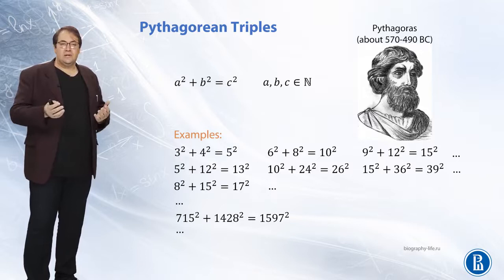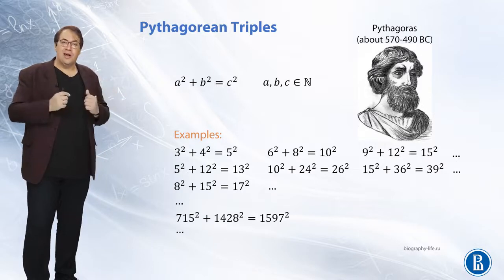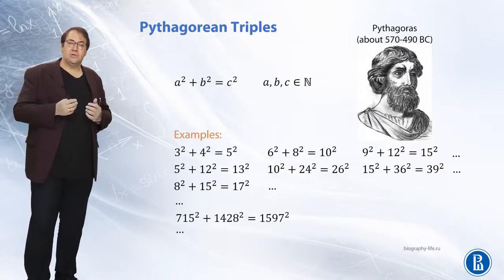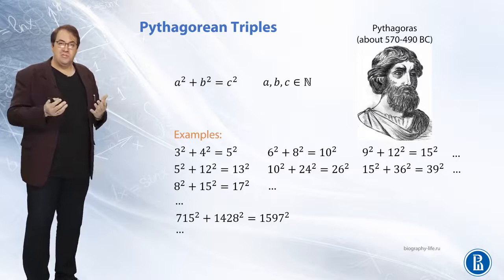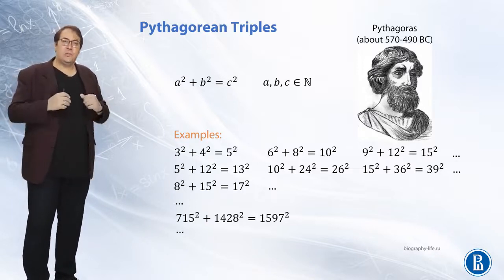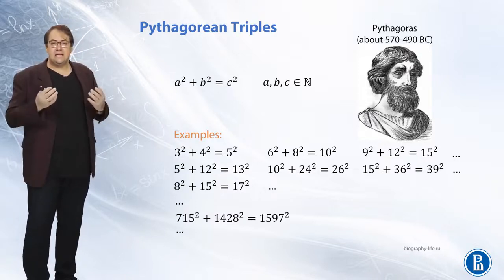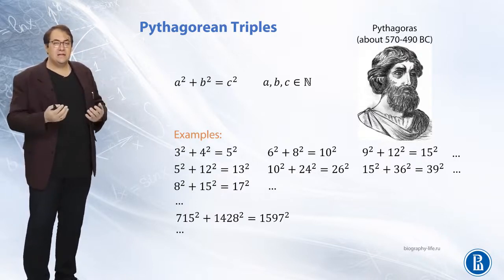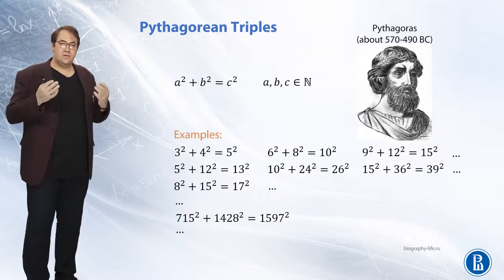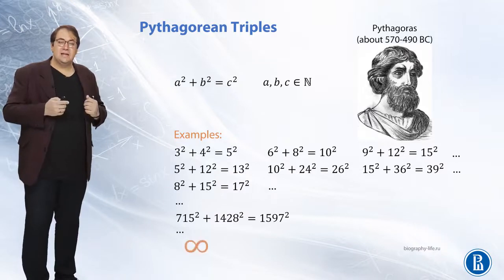So the question is whether there are infinitely many such mutually prime Pythagorean triples, so-called primitive Pythagorean triples. And we will soon see in one of the next videos that there indeed is an infinite set of primitive Pythagorean triples.